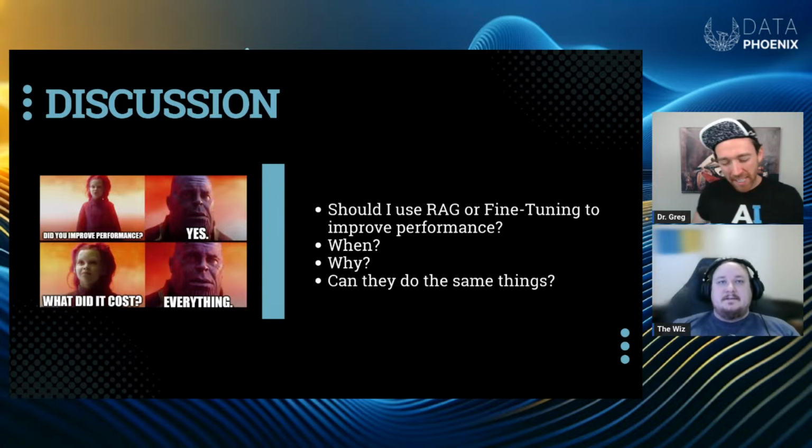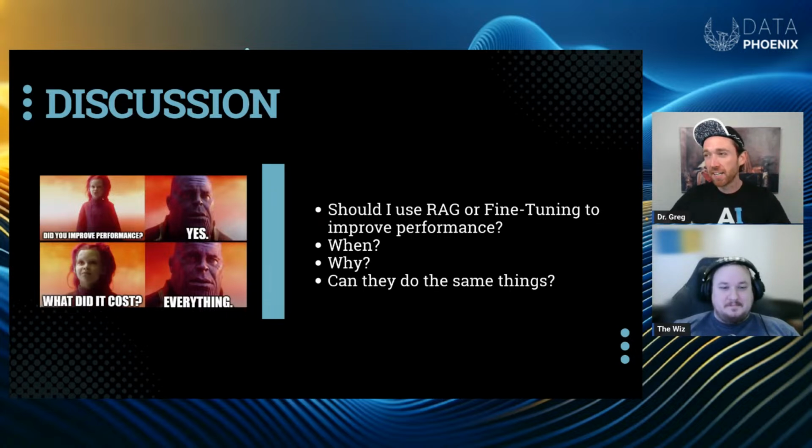Isn't it true, Wiz, that sometimes RAG and fine-tuning can actually do the same exact thing, when we start to get aligned, like, yes, I need facts, but I need them in a specific form? We might be able to accomplish the same thing sometimes with both of these tools?